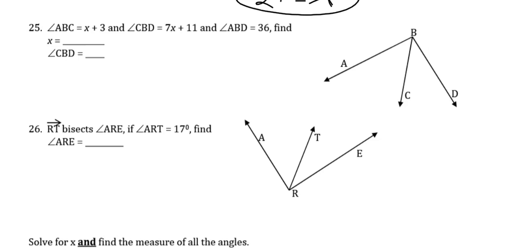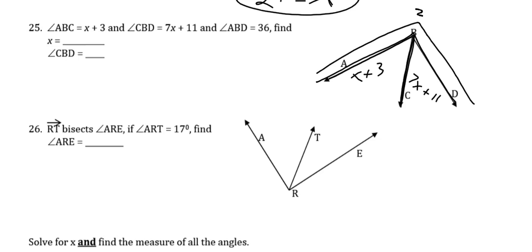Okay, ABC is x plus 3. ABC is right here. So that's x plus 3. CBD, right there, is 7x plus 11. It says ABD, the whole thing here, is 36. So part plus part equals whole. So x plus 3 plus 7x plus 11 equals 36.